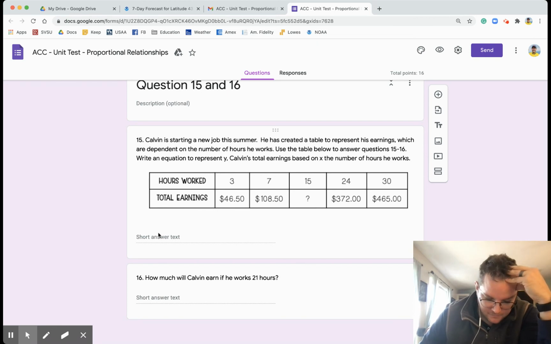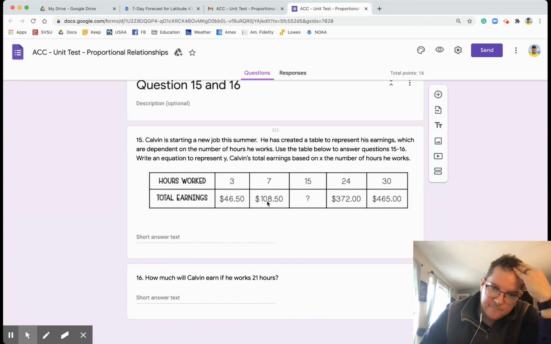So, we want to know this question mark. So, our equation should start with the unknown. So, it would go y equals, and you need to find the constant of proportionality. Okay? So y equals, and you would do that by taking y over x. So I would start with 4650 divided by 3.